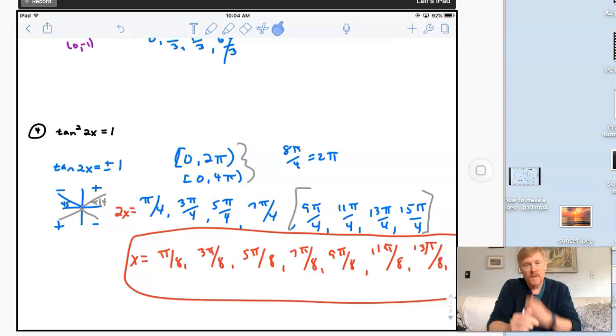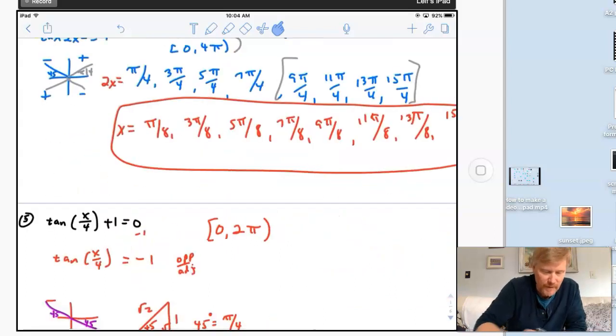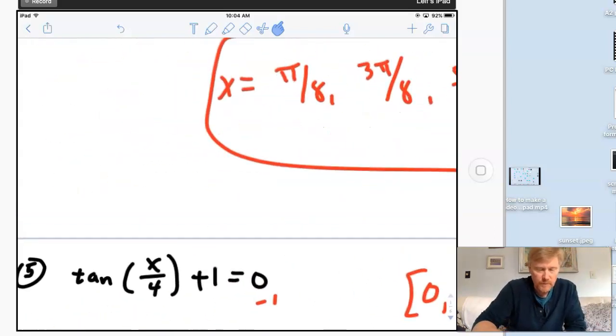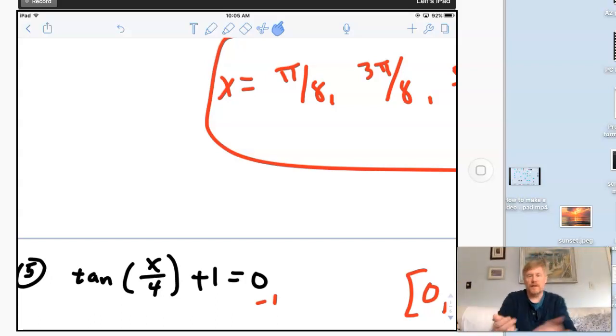Okay. Whew. Almost tired from saying all those pi's. All right. Number 5. A little different. If I have tangent of x over 4 plus 1 equals 0, so no squared on this one, which is good. So the other ones I had 2x, for example, in there, and I went from 0 to 4 pi, so I doubled it, right?